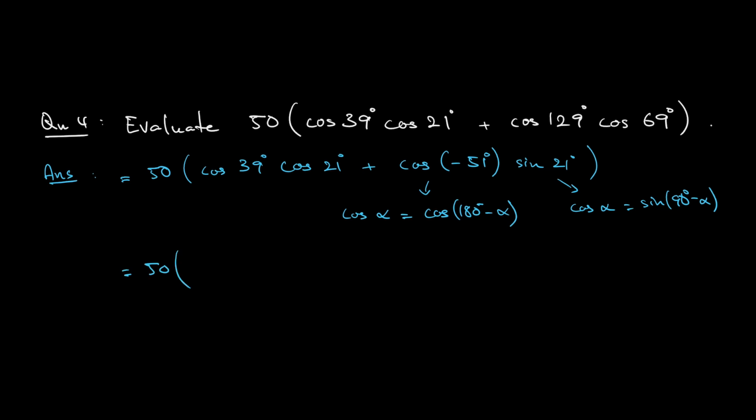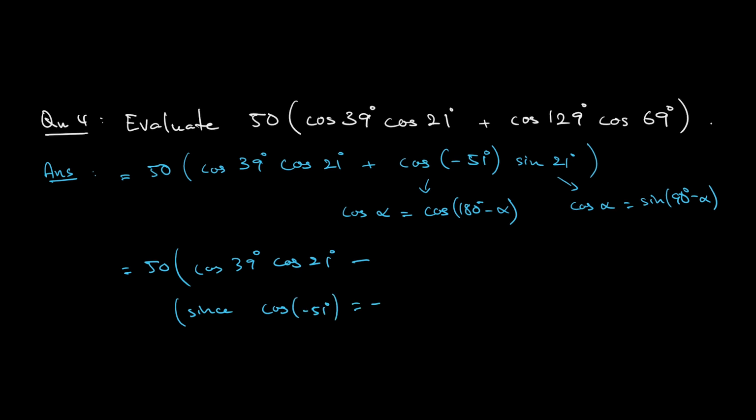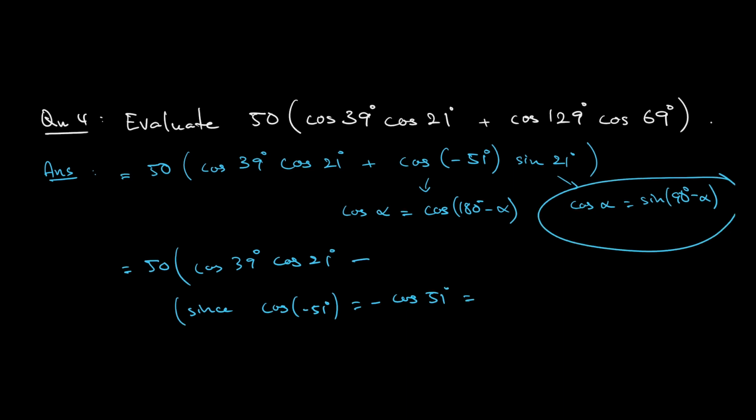Moving on, 50 does not change, and cosine 39 and cosine 21 do not change. For cosine negative 51 degree, first thing first, I can take the negative out, because cosine negative alpha is cosine alpha, and for cosine 51 degree, I can use this fact: that will become sine 90 minus 51, that is 39 degree.